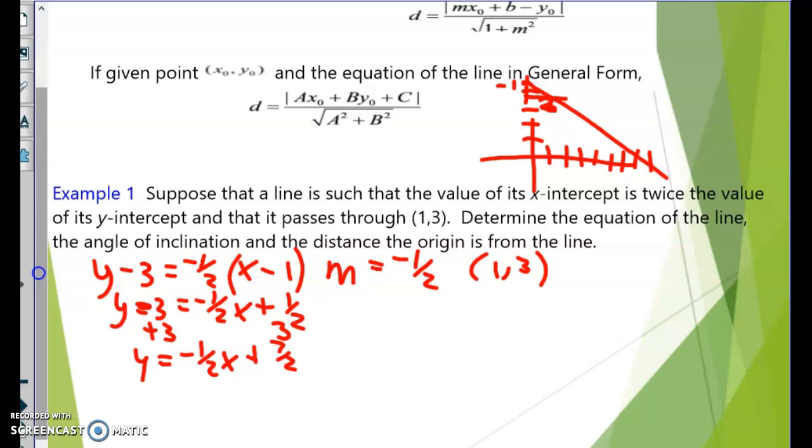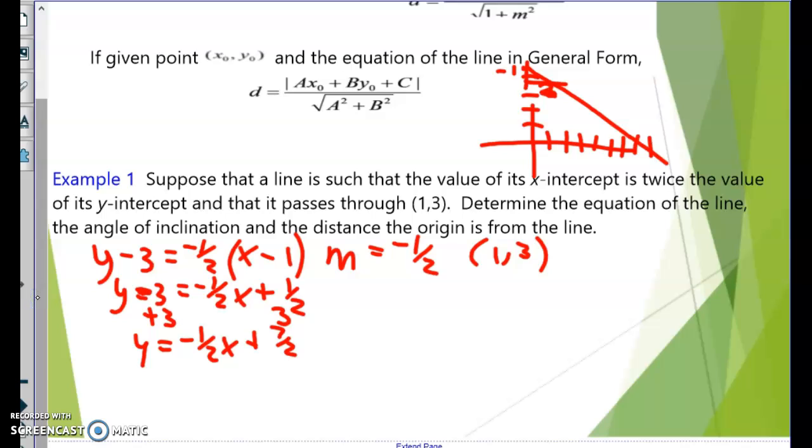And then let's start answering some of the questions that they ask us here. It says determine the equation of the line. I did that. The angle of inclination. Well, my angle of inclination is measured from the horizontal. So if I extend this out, my angle of inclination would be from the horizontal line all the way around to here.